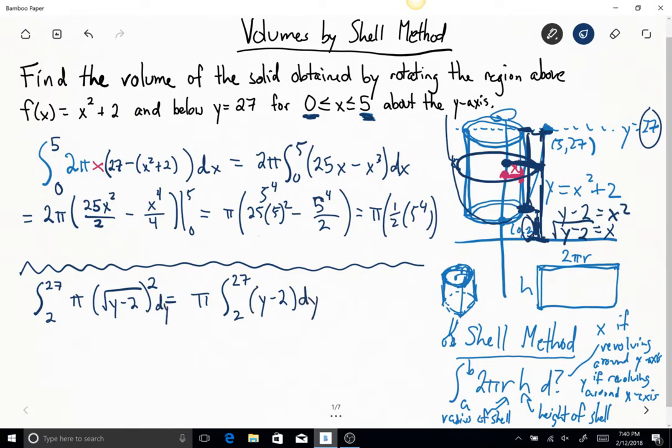So we see two different methods. Let's see if we come up with the same answer. If things go correctly, we should. So this becomes pi times the quantity y squared over 2 minus 2y evaluated at 2 and 27.